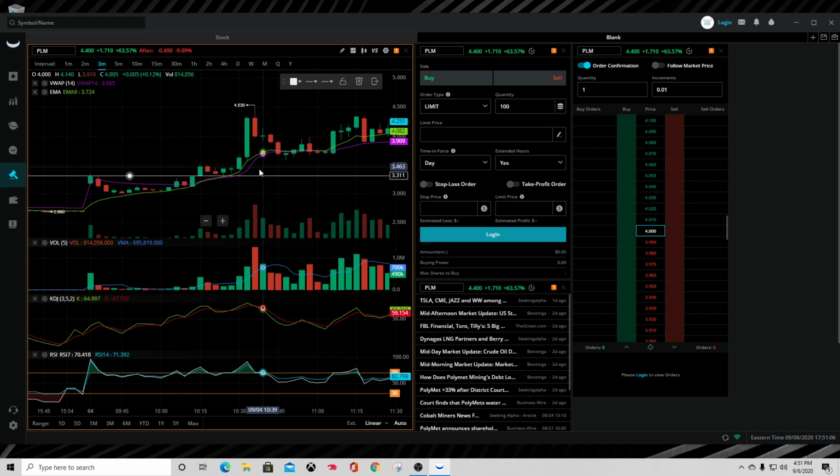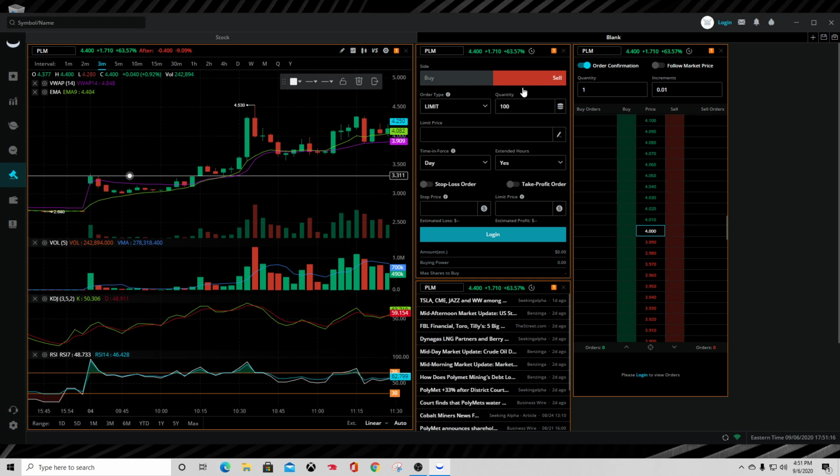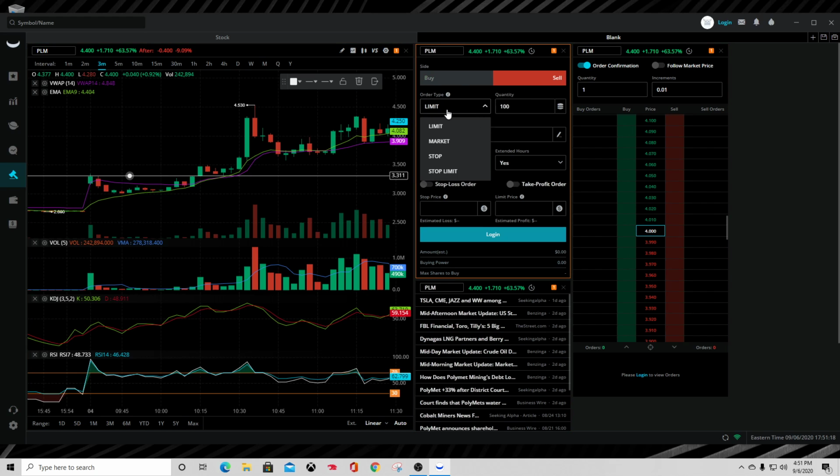So again, let's just say we enter at 345. Now we know where our stop is. To enter your stop, you go to sell. Where it says limit, you choose stop or stop limit, and this is what we want to discuss. So let's enter a stop, and our stop price will be 330.